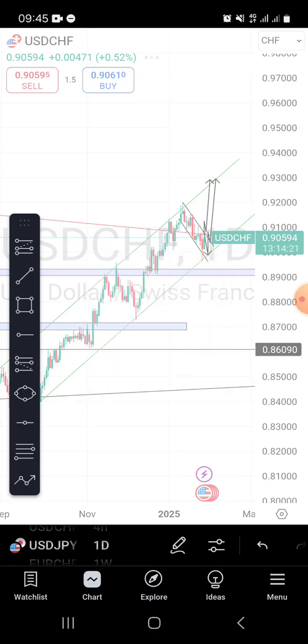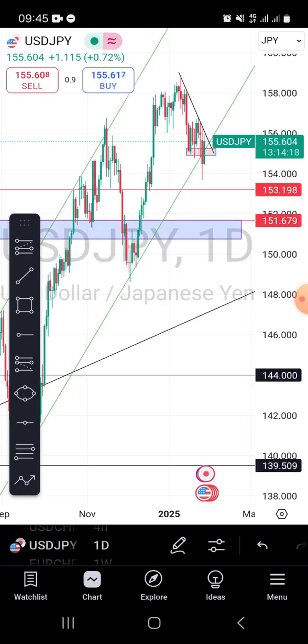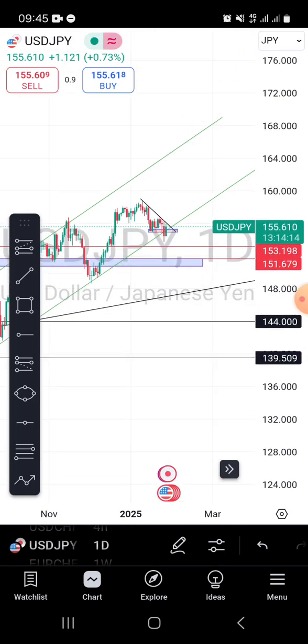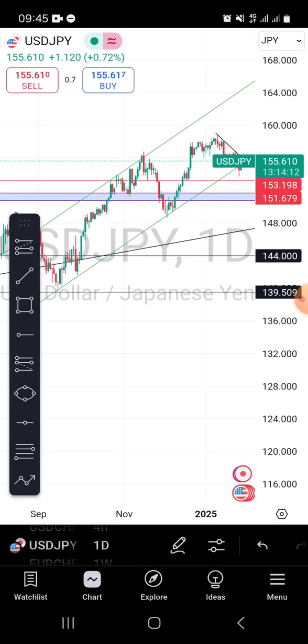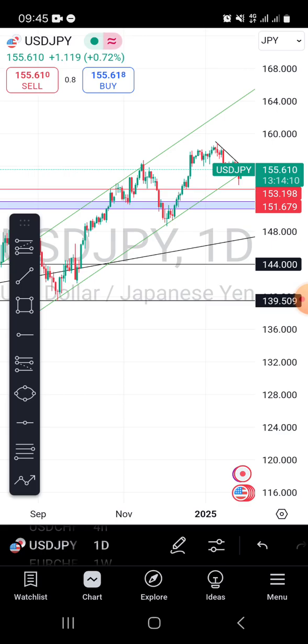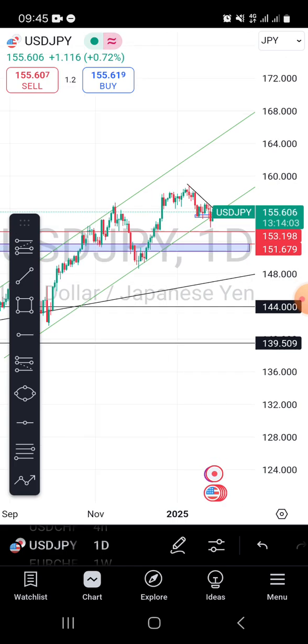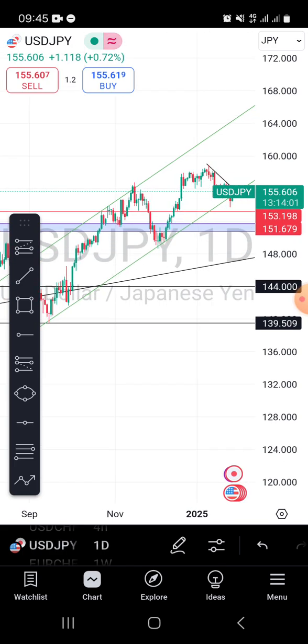The next one is USDJPY. Very good. USDJPY too is somewhat like the USDCHF. We've seen markets on the daily basis now. The market is on an uptrend line.